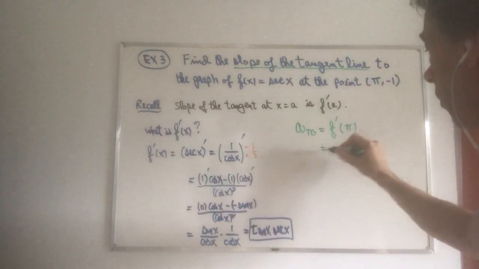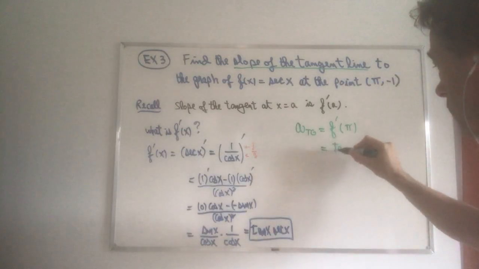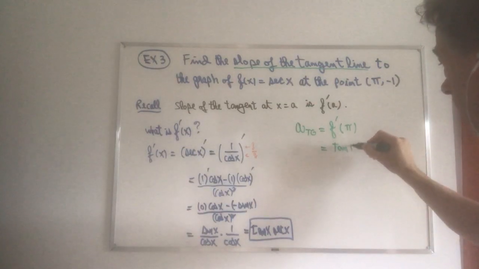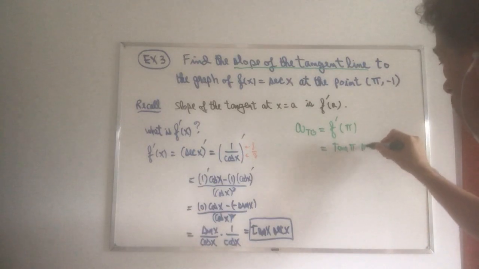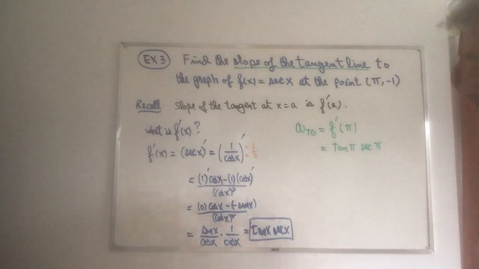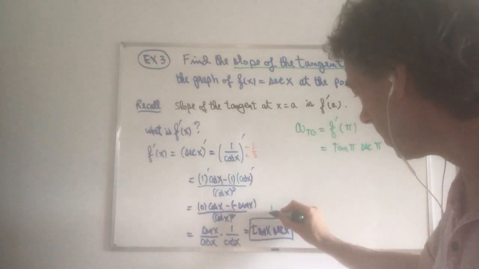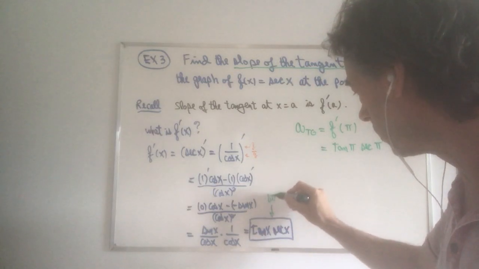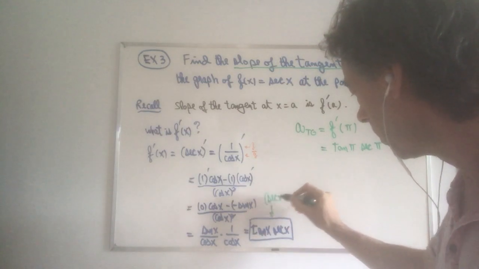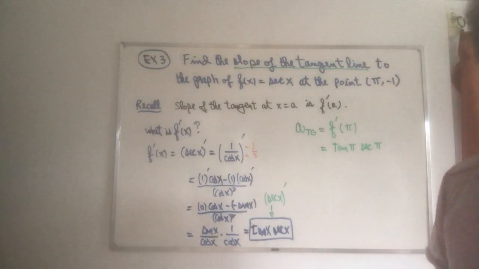So what is the derivative? It is tan pi times secant of pi. Because that's secant tangent, right? This is the derivative, the answer we obtained for the derivative of secant x.